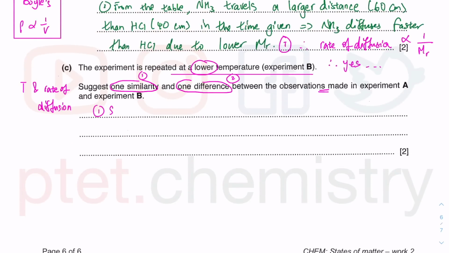So in terms of similarity, the white solid ring is still at the same position because both of them diffuse at the same rate of change. Lower temperature is actually a slower rate of diffusion.